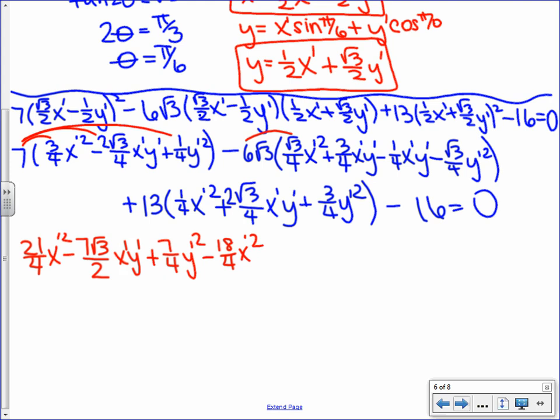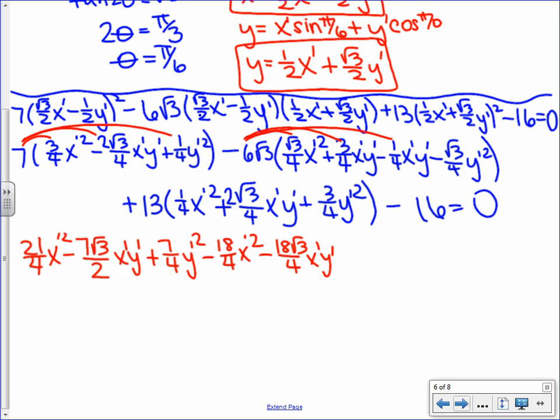Is that okay with everyone? Okay? This becomes what? 18 radical 3 over 4 xy.